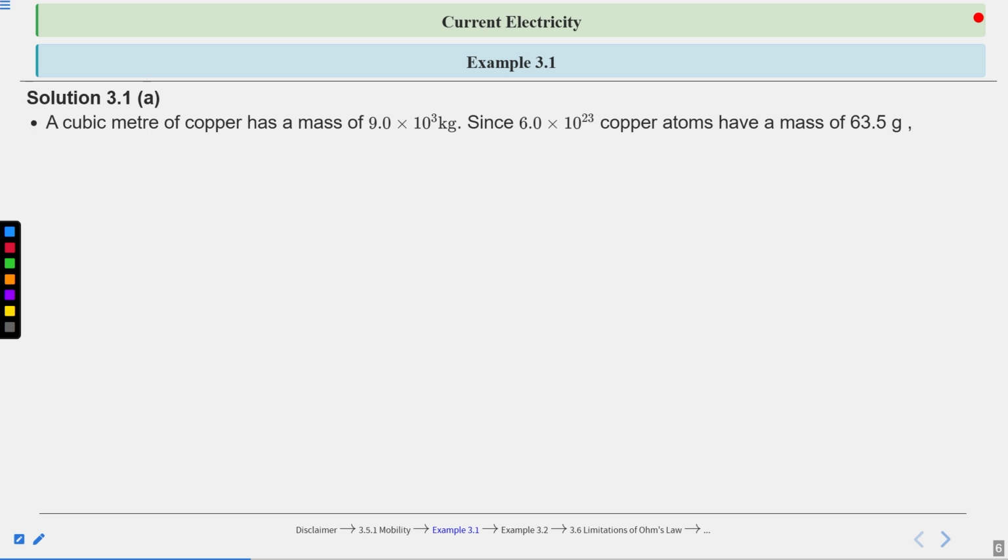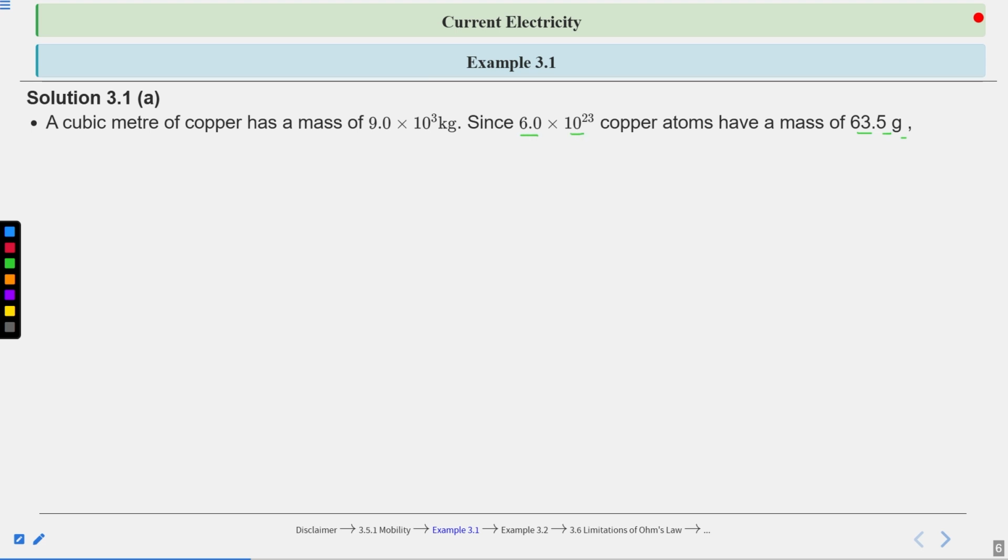A cubic meter of copper has mass 9 into 10 to the power 3 kg. Since 63.5 U is the atomic mass of the copper, 63.5 gram copper will have 6 into 10 to the power 23 copper atoms.